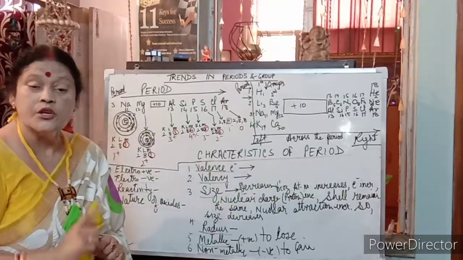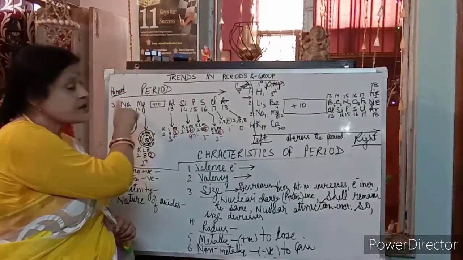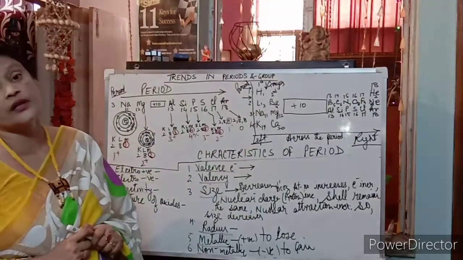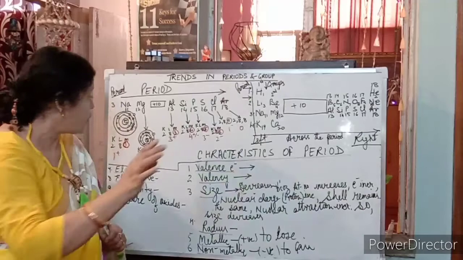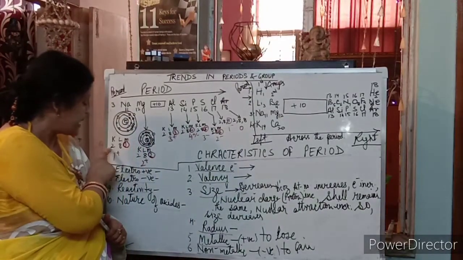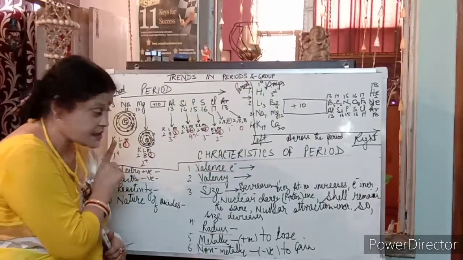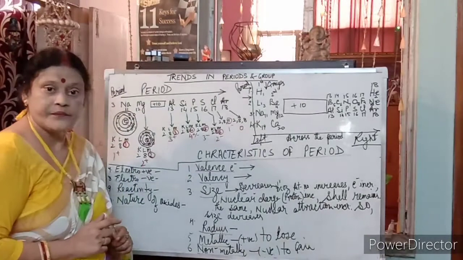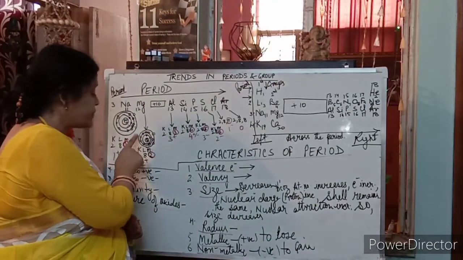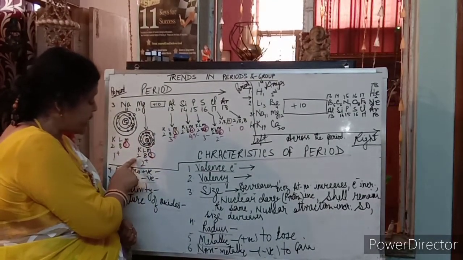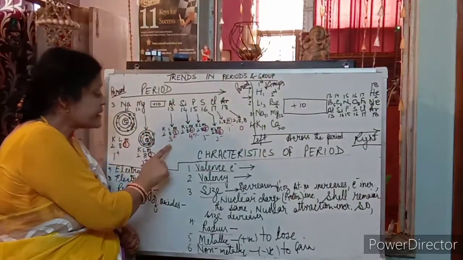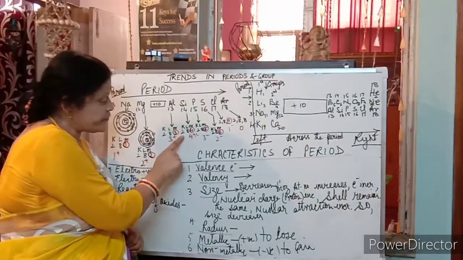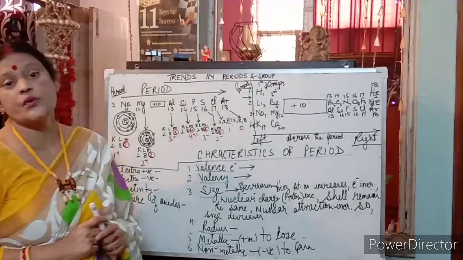Electrons are continuously revolving around the nucleus. For sodium, KLM is 2, 8, 1. Magnesium is 2, 8, 2, because 8 plus 2 is 10, plus 2 is 12. Then 13 is 2, 8, 3, then 2, 8, 4, 2, 8, 5, and it goes on like this.